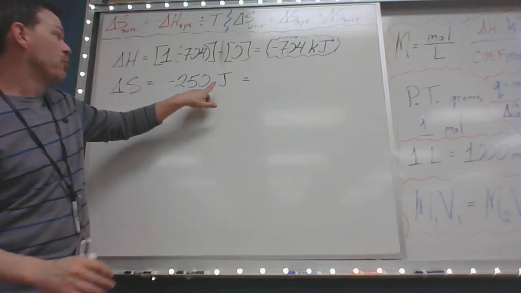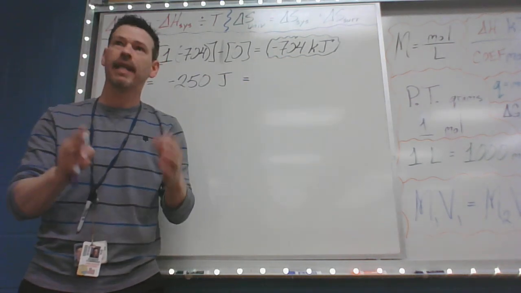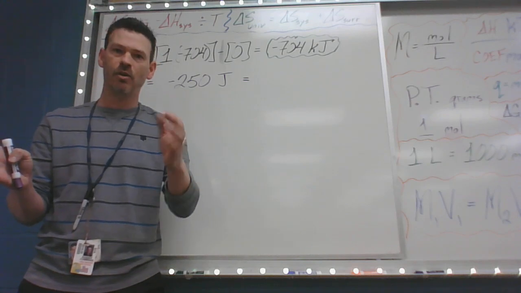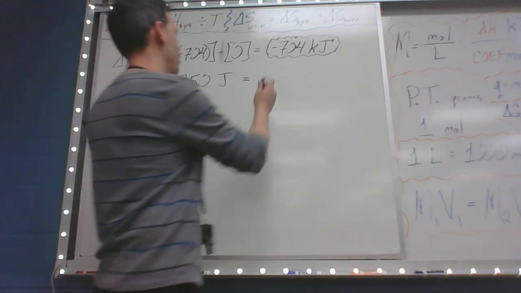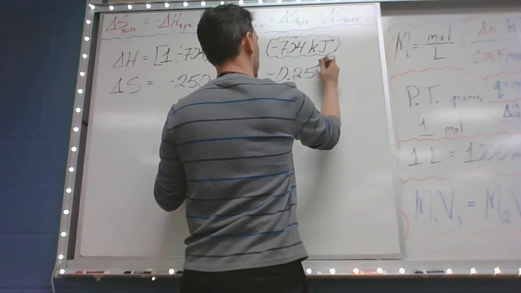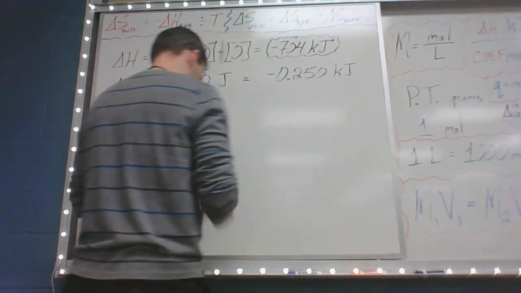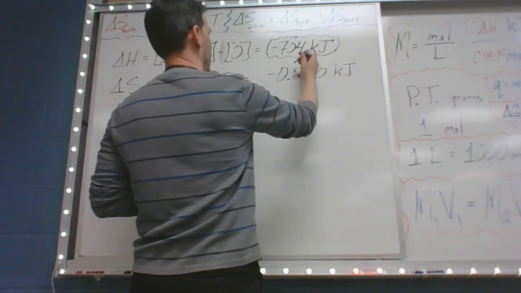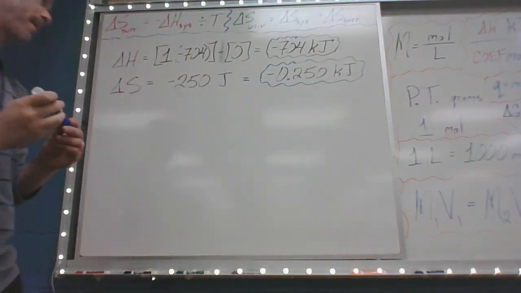If you're going from joules to kilojoules, the unit's getting bigger, so the number gets smaller. Kilo, 3 slides. Slide it 3 times smaller, and you'll get 0.25. Now I've got another fun variable for my plug.